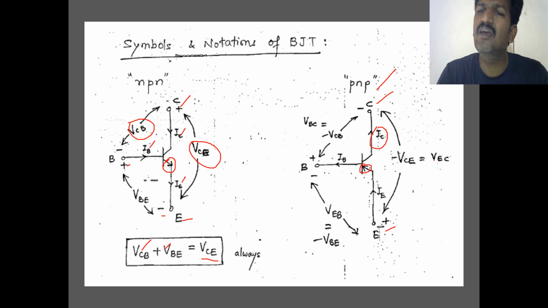You can also write it as plus VEC because you have interchanged the polarity. And basically it is minus VCB. You can also write VBC as minus VCB. Like this you can also write: VEC is equal to VBC plus VEB. But here VCE is equal to VCB plus VBE. That is the difference between NPN and PNP transistor.